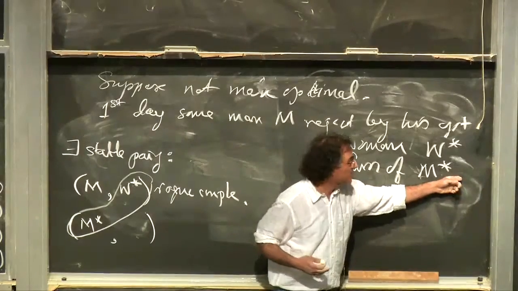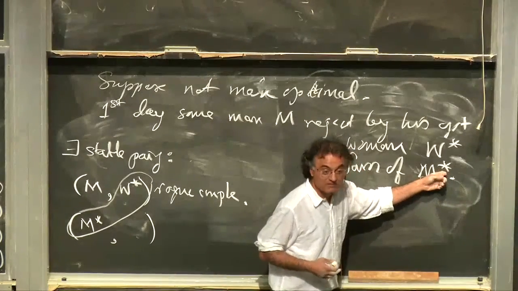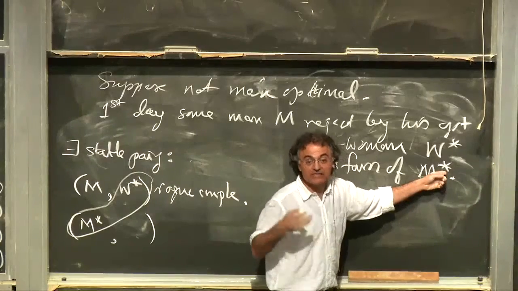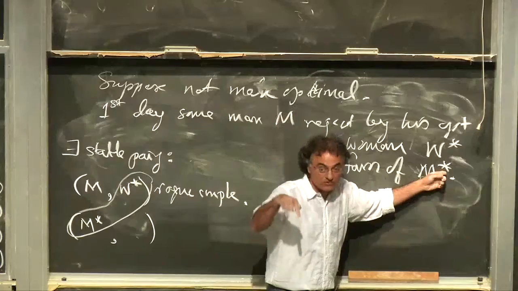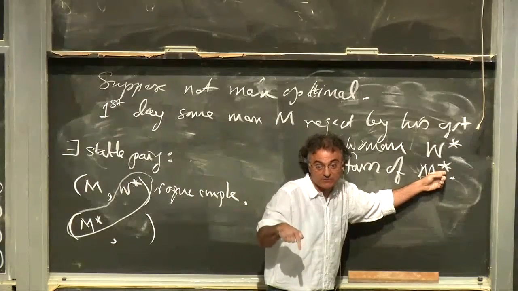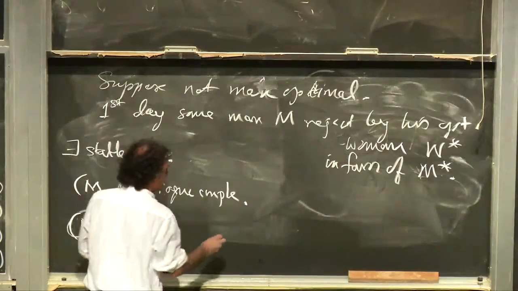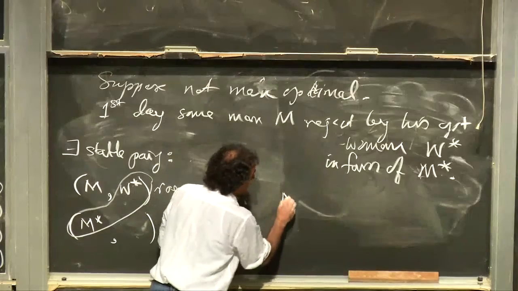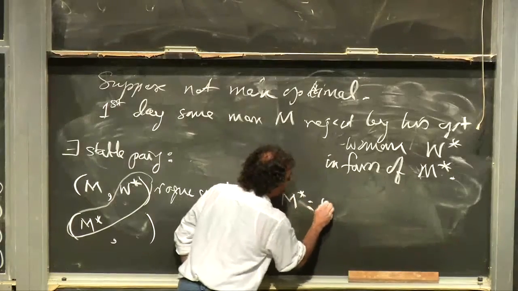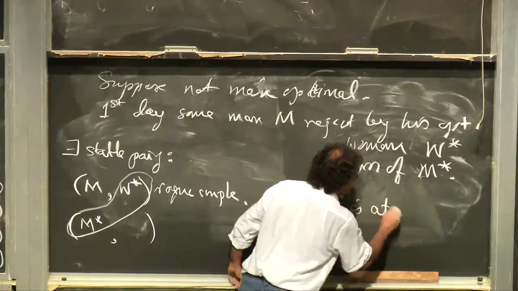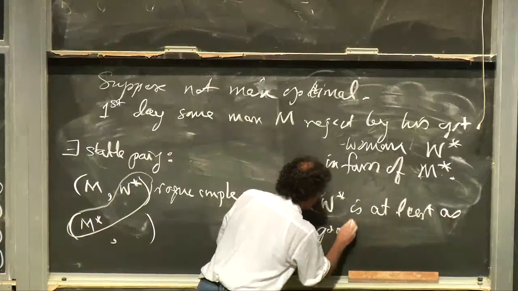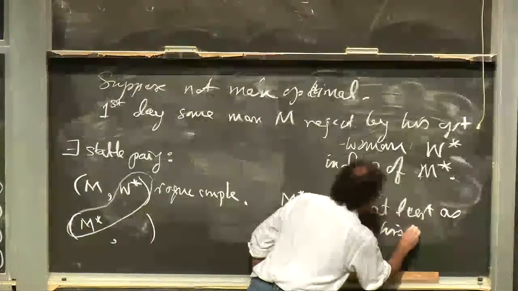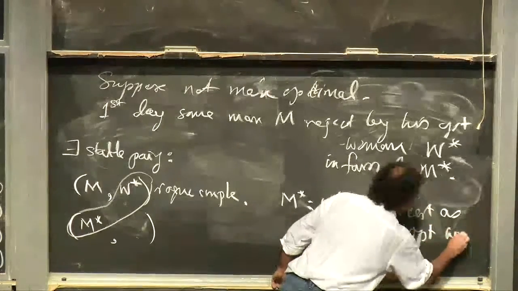Right? So we know that W star is at least as good as his optimal woman, because he's working down his list. He has not yet been rejected by his optimal woman. So we know that for M star, W star is at least as good as his optimal woman.